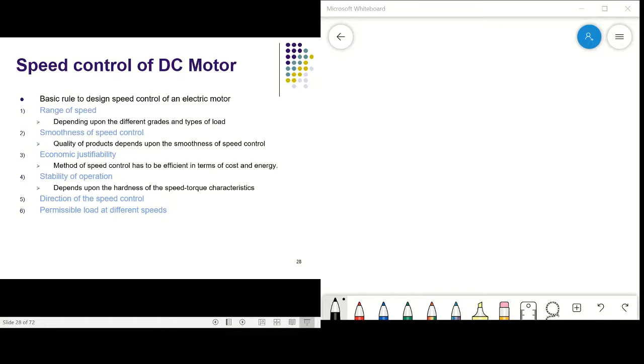Yang ketiga adalah economic justifiability. The method of speed control has to be efficient in terms of cost and energy. Means that, let's say after this, your boss kata dia nak satu sistem untuk run this load.